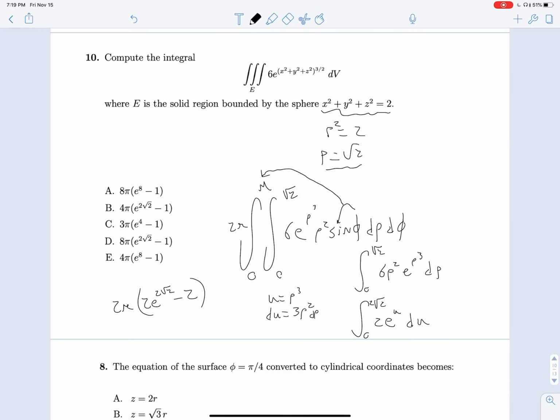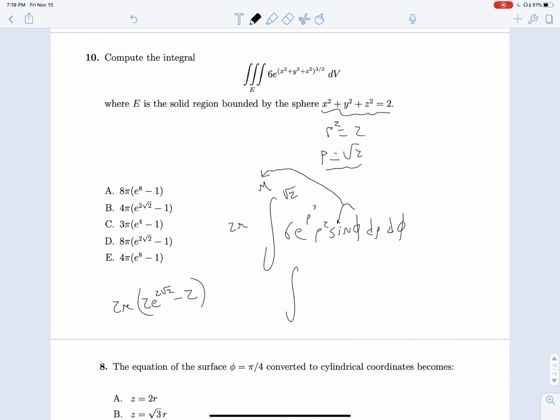So we'll put our 2 pi out there, and I'm running out of space over here, so we'll get rid of some of this, and all we're left with is this guy multiplied by sine of phi d phi from 0 to pi.